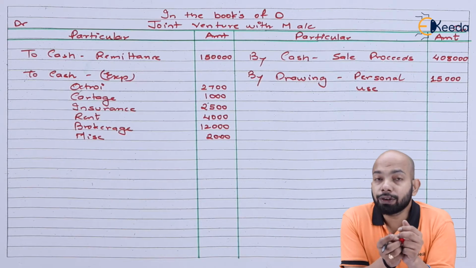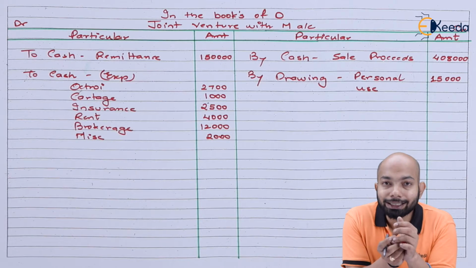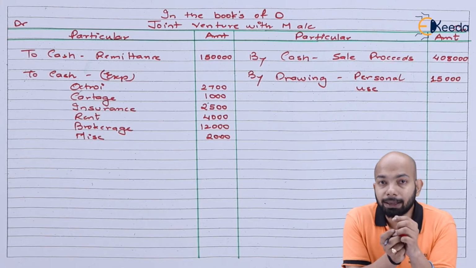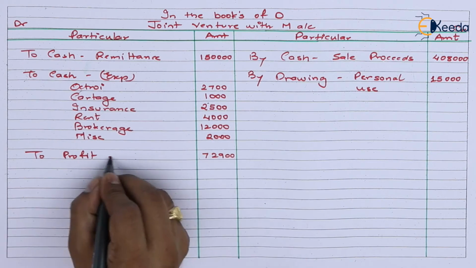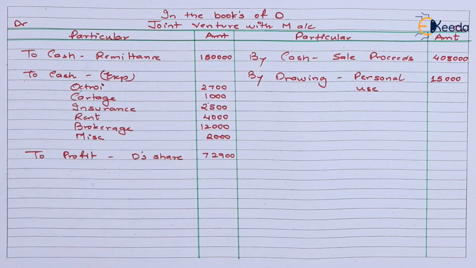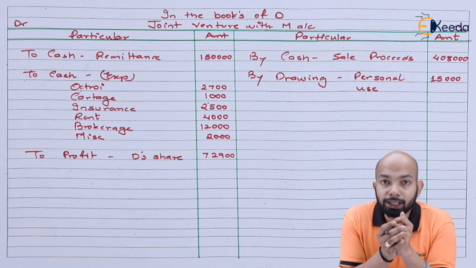Now the profit that was figured out in the statement, out of that half the profit is to be a part of D here. So let's mention that profit on the debit side. So D's share will be 72,900 here. That has been mentioned down there.